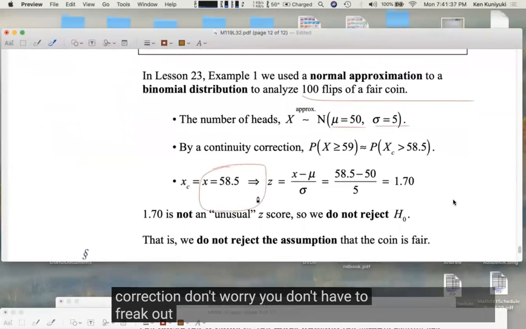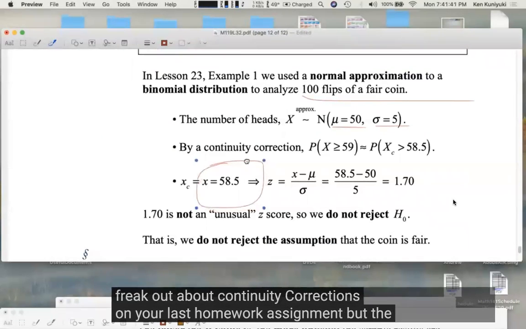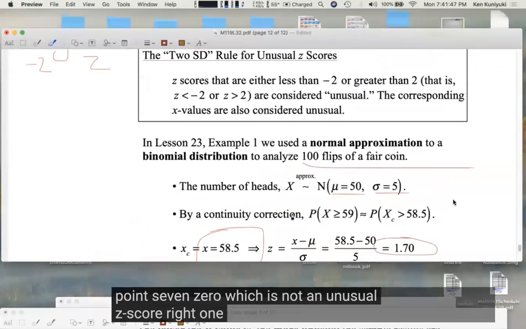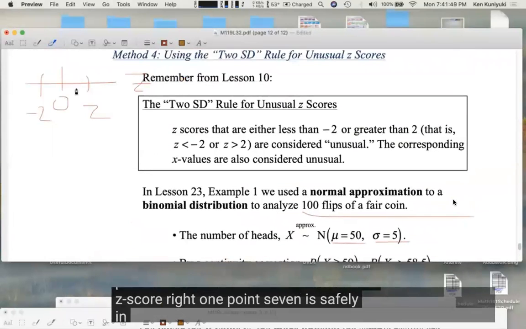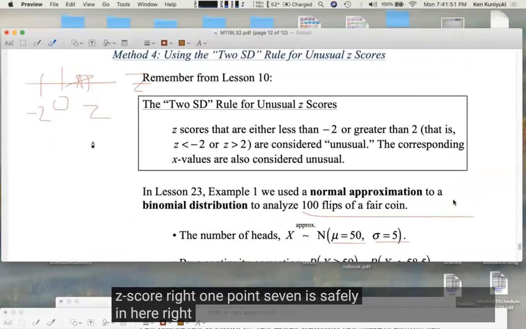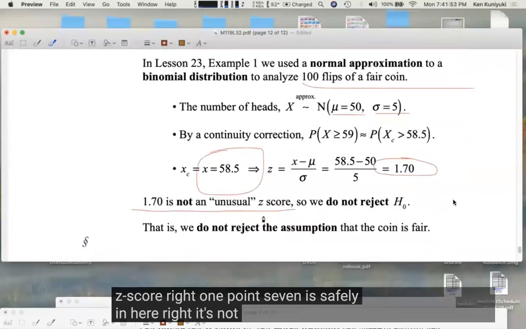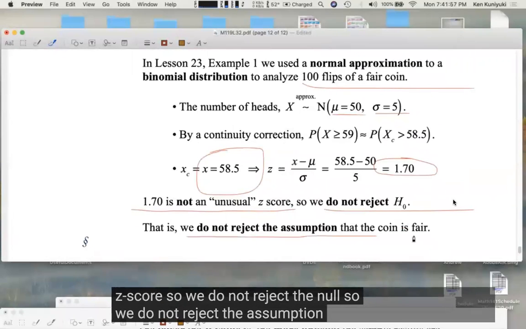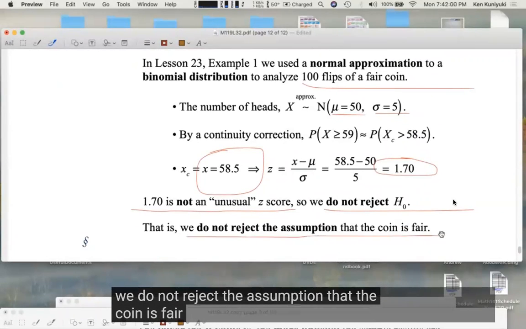Don't worry, you won't have to freak out about continuity corrections on your last homework assignment. But the z-score for that is going to be 1.70, which is not an unusual z-score, right? 1.7 is safely in here. It's not an unusual z-score, so we do not reject the null. So we do not reject the assumption that the coin is fair.